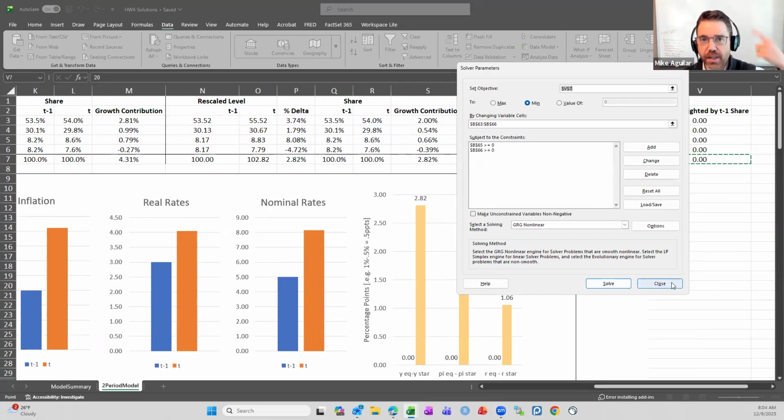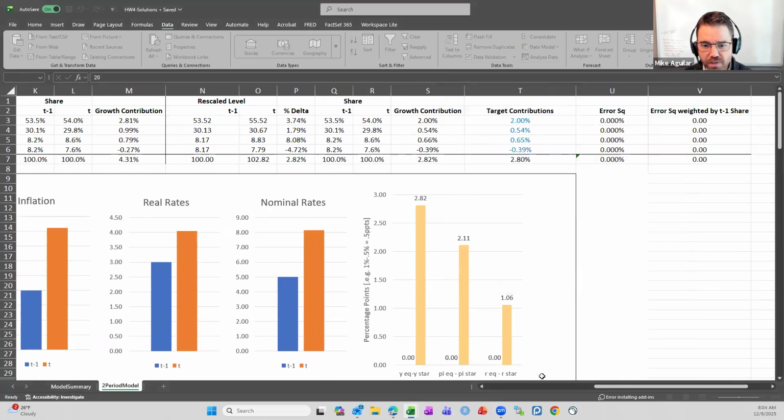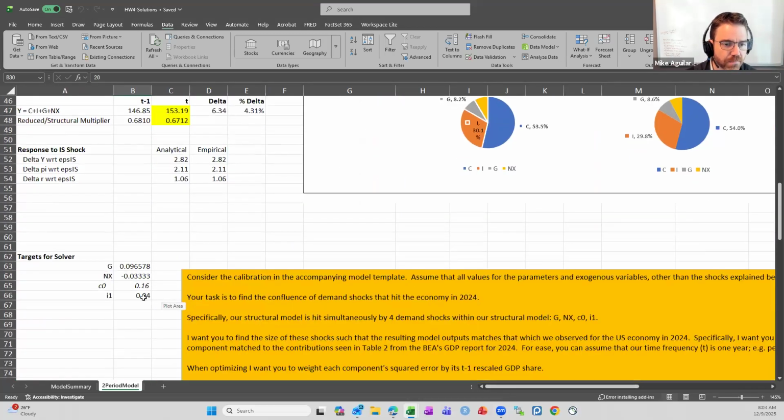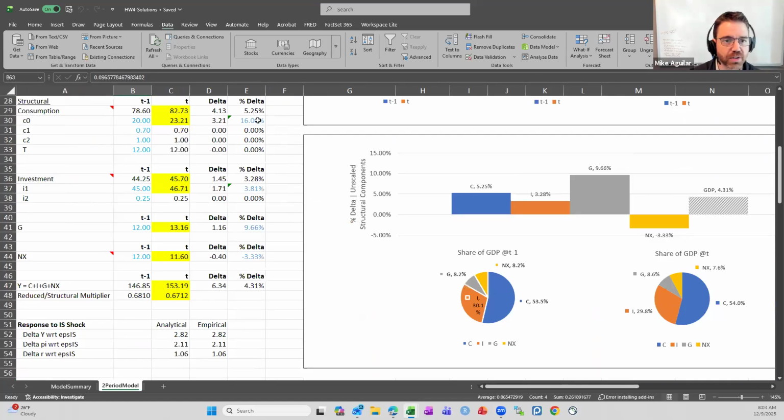What that would do is try all these different combinations of these variables right over here, and it would change these over here, which would change the values in column C. And I can illustrate that in yellow, right? Remember, we said before, anytime column B is different than column C, the differences are highlighted in yellow. So we have the size of the shocks. We have that C0 went up by 16, 3.8 for investment, G, and then X respectively.